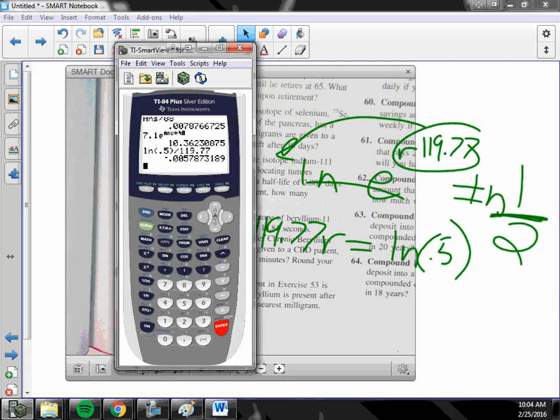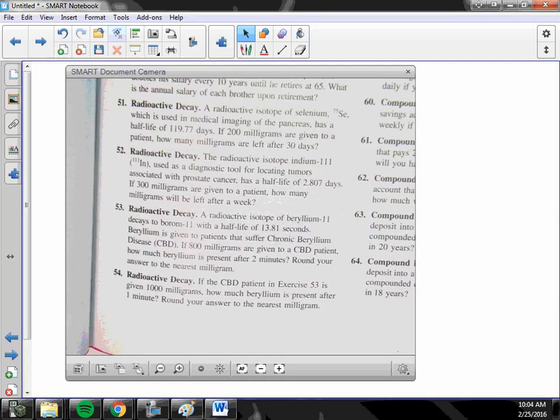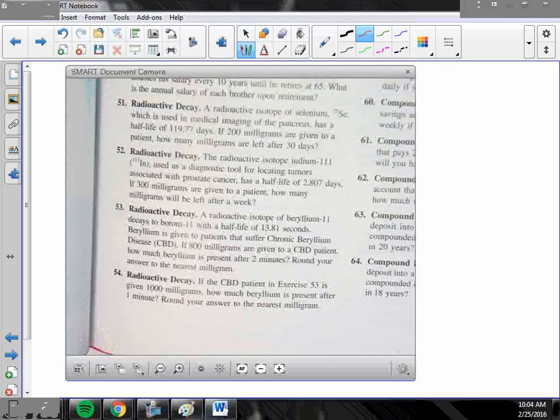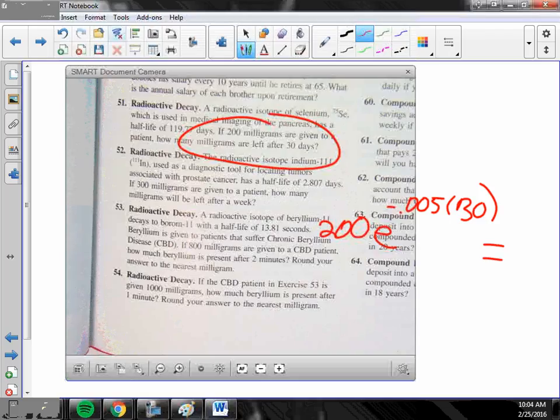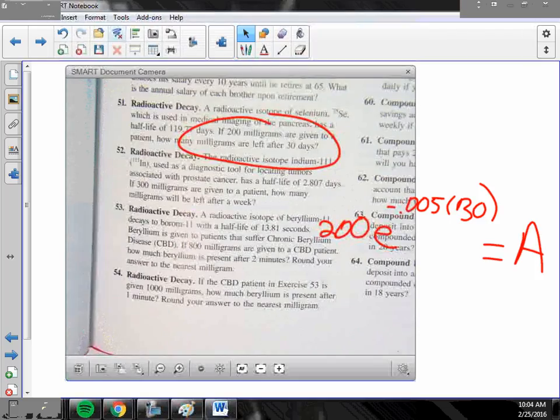Now that we know the rate, we can go back to our original problem and do this. So if we start with 200, e to the negative 0.005 times 30, that will give me the future amount. Does that make sense?